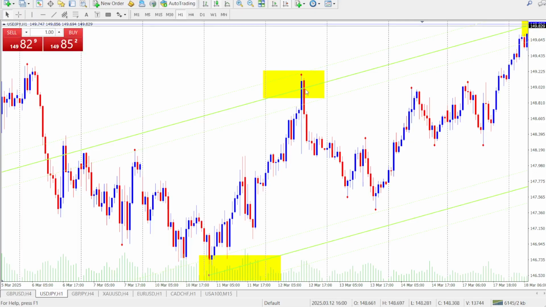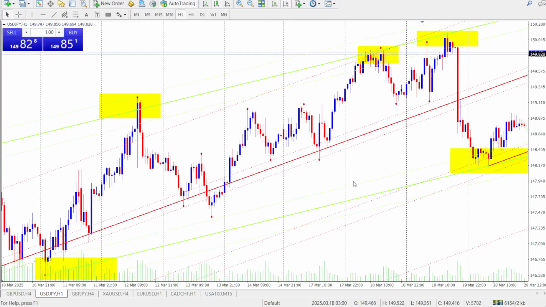But if the next candle closes below, then it could be a false breakout. In the case of a sell breakout, if the candle closes above, that is, if it closes inside the channel, basically, when the candle closes inside the channel, it could be a false breakout. But if the candle closes outside the channel in the direction of the possible breakout, then that is when you should now be looking out for a retest.